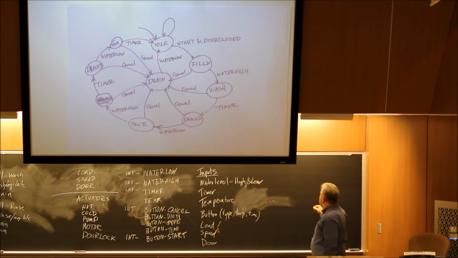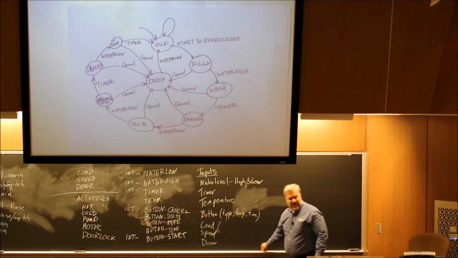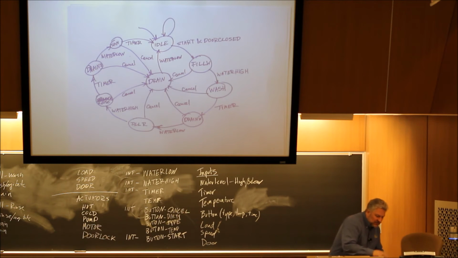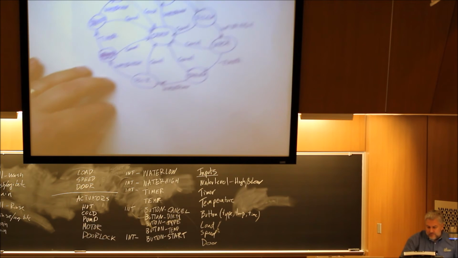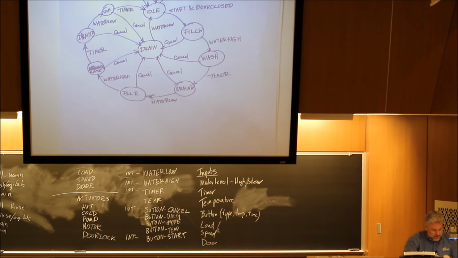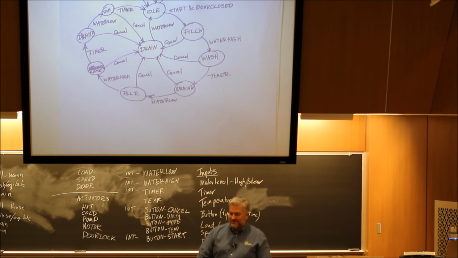All right, so in the drain state, and I might actually just do it on a piece of paper, because that's probably going to be a little bit cleaner. All right, I set down my glasses, and where did I put them? There they are. I hate when this happens.